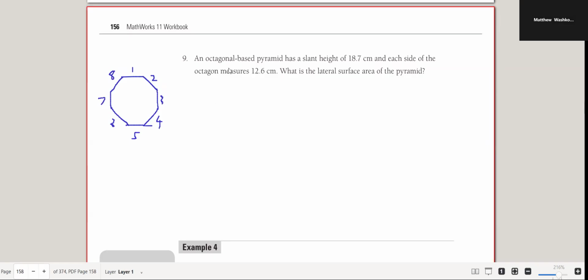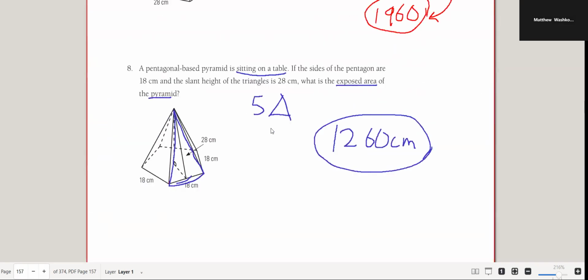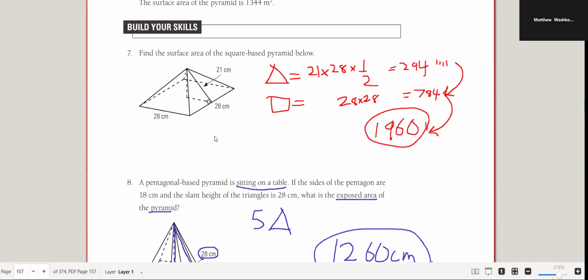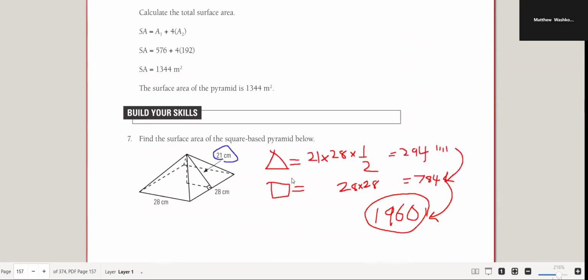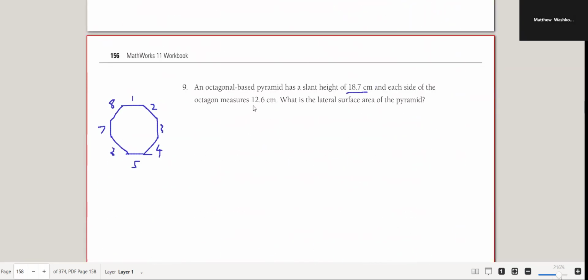So there's an octagon-based pyramid with a slant height of 18.7. This is the slant height here, right? And each side of the octagon measures 12.6. So this side's 12.6. This side's 12.6. The question's asking us, what is the lateral surface area of the pyramid?